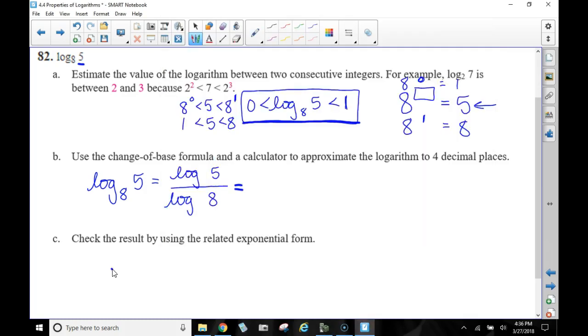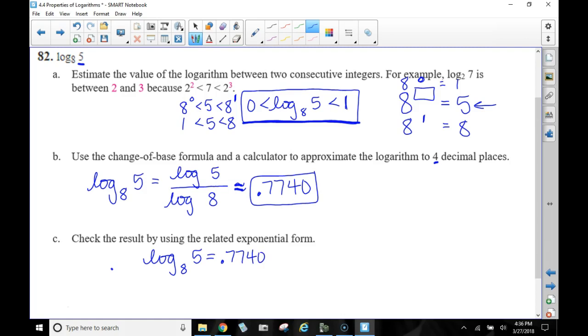0.7740. Yeah, okay. So this is about equal to 0.7740. Then on part C, it says check the result by using the related exponential form. All right, we just found that the log of 5 with base 8 is about equal to 0.7740.